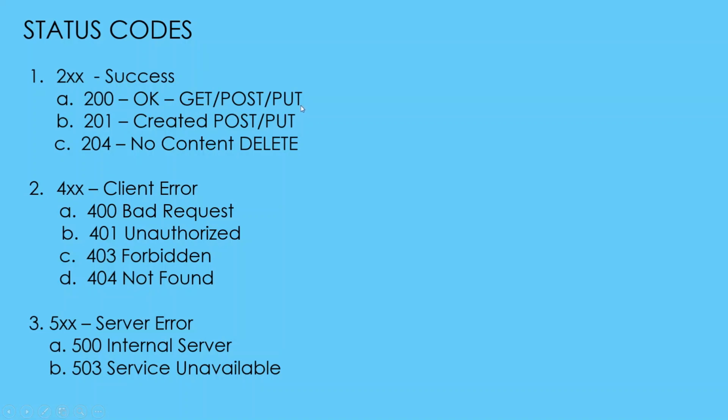Now you might be wondering, how can 200 be returned for a post when it should be 201? Well, you are right, but there could be chances when your post behaves as a get request. For example, you want to get details of an employee, but you are supposed to pass in a lot of details to get the details of that employee.